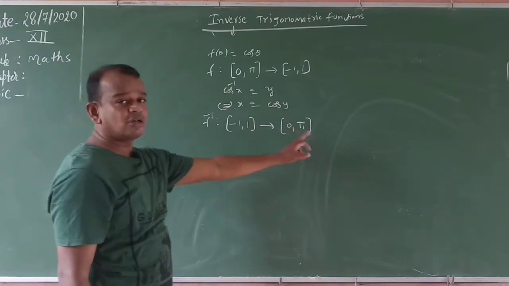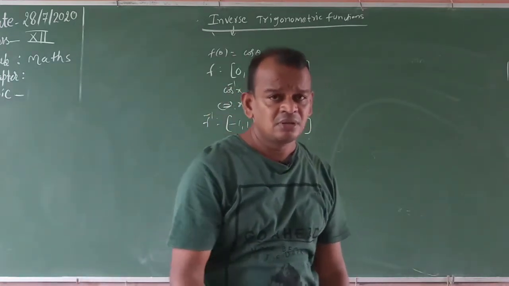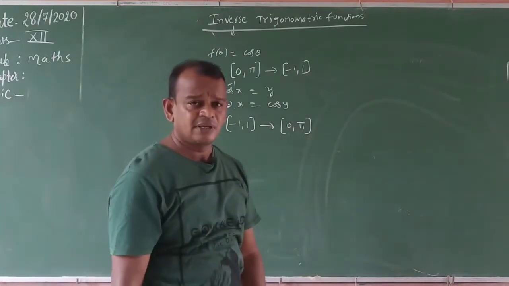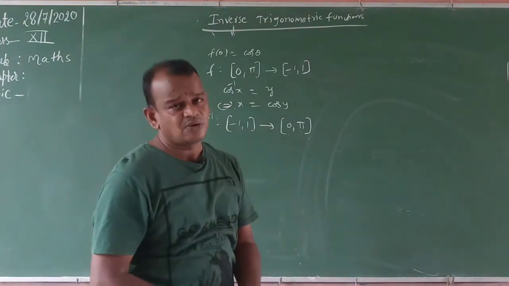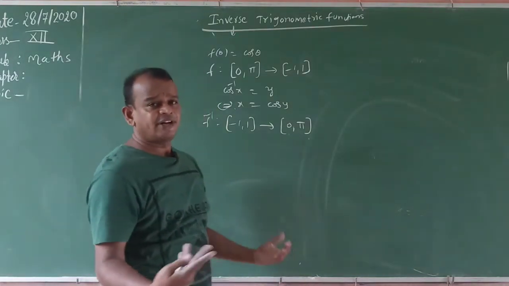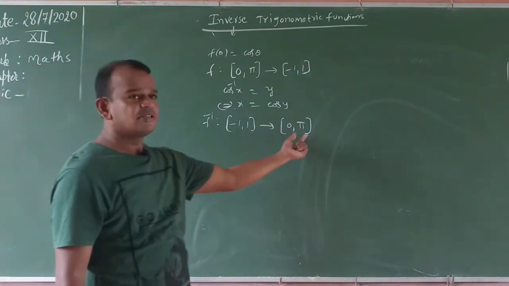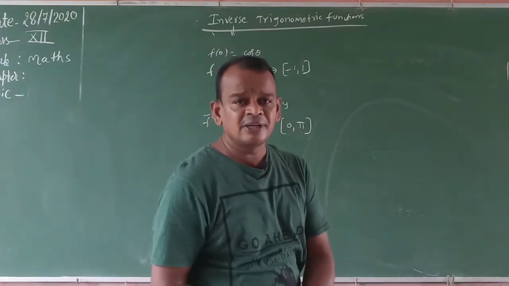What is the range? 0 comma pi. 100%, from the CBSE examination point of view, they will compulsorily ask questions in the coming exams: what is the domain and range of the function cos inverse of x? You remember?